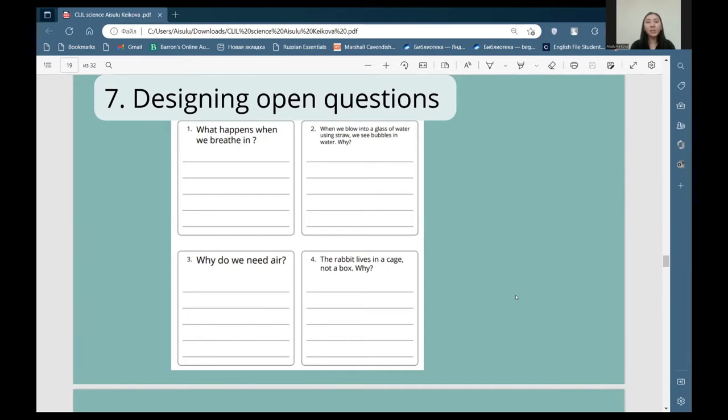Unfortunately, I couldn't add the photos of real answers, how half of my students answered these questions, because I was really happy and surprised at the same time that they made good answers. Most of them did very well.